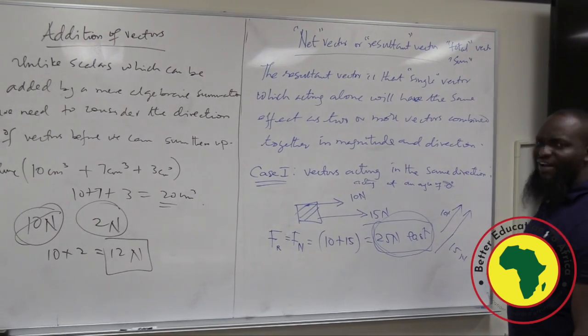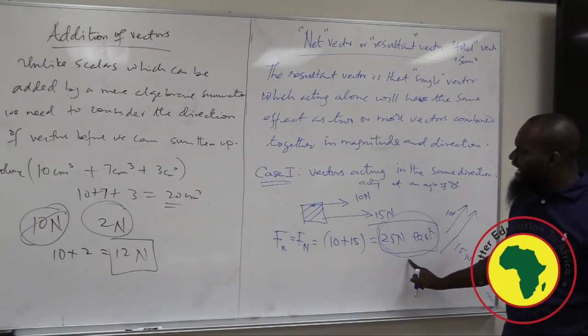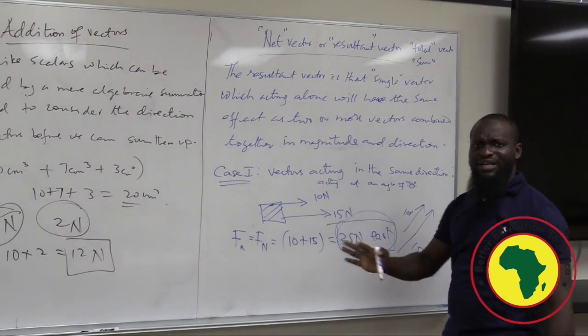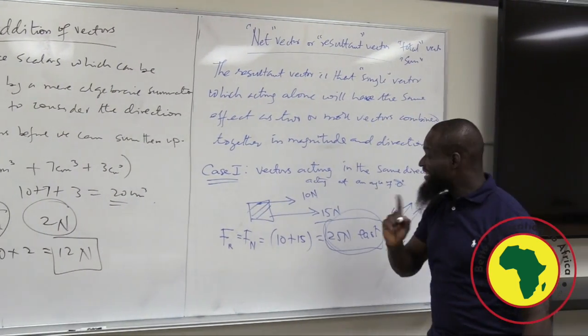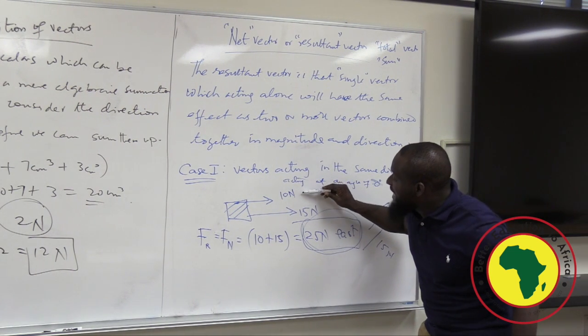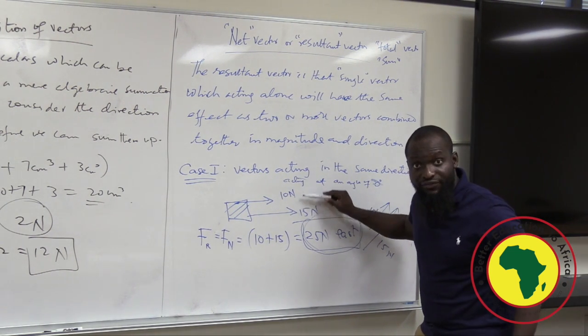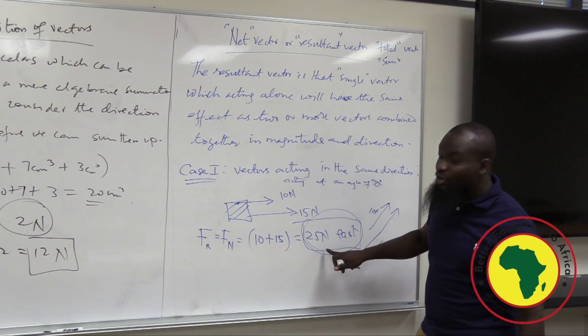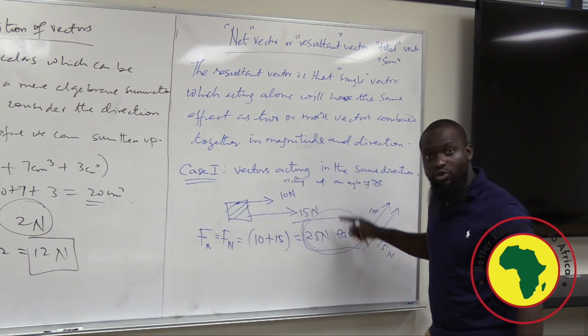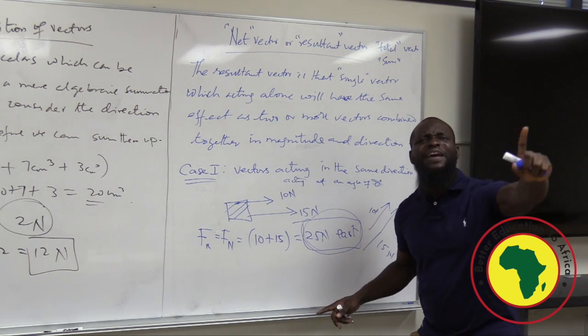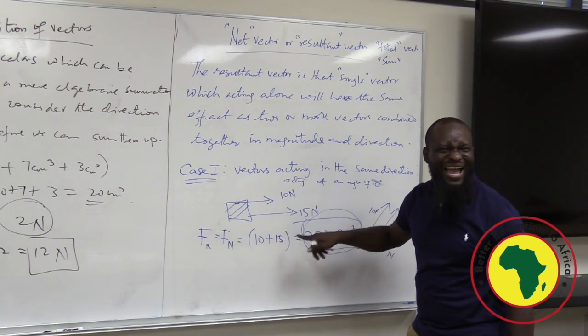In that case, it was 5 Newton west, which acting alone will have the same effect as 2 or more vectors combined together. What does that mean? It means instead of combining 10 Newton and 15 Newton, 2 different vectors, I can take this single 25 Newton, one single force, act it on this body towards east. It will have the same effect as these 2 combined together.